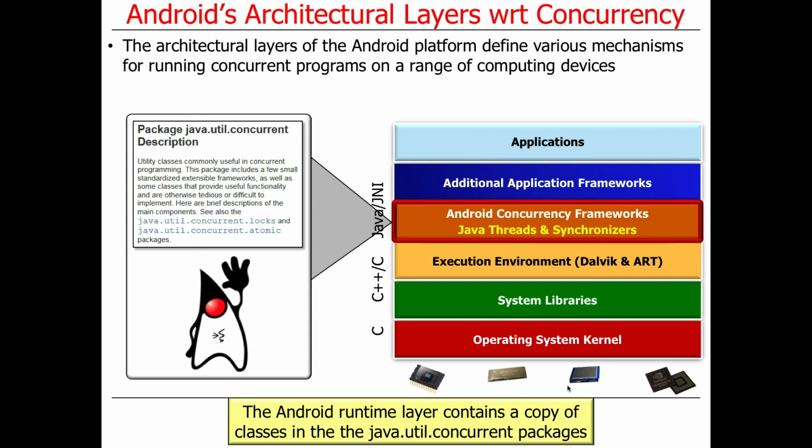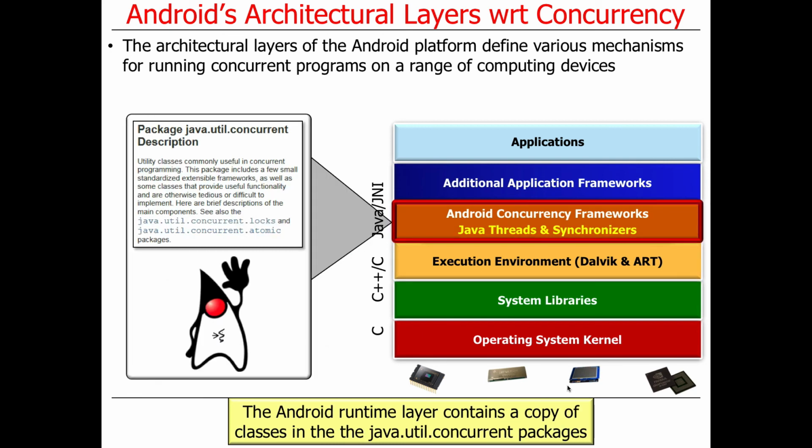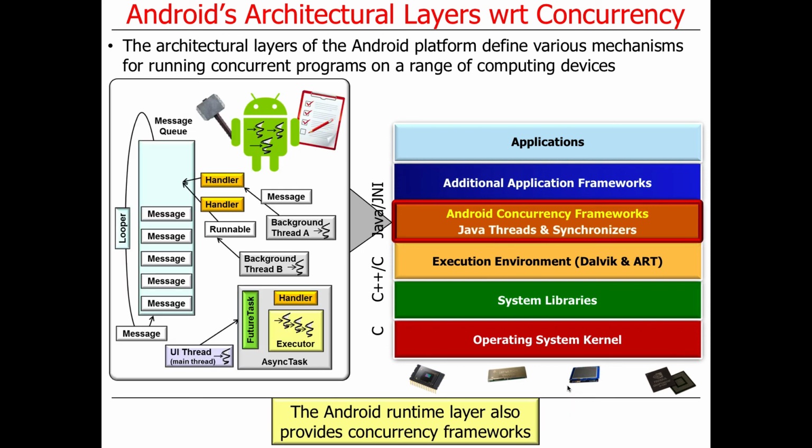Those are all things that they get from Java. And by the way, I should have mentioned this before. One of the things you get out of the execution environment is support for the built-in Java threads and built-in monitor objects. So things like synchronized and wait and notify all, those all come from the virtual machine or execution environment layer.